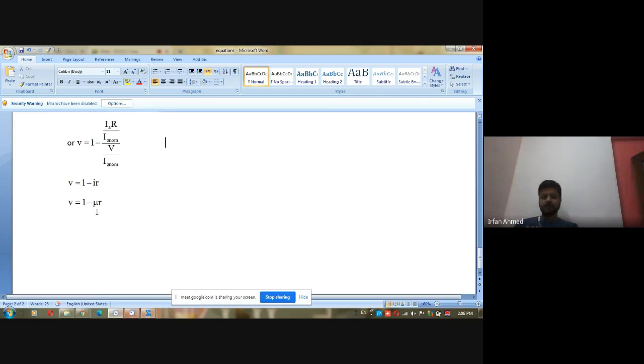What happens at the rated motor torque? At the rated motor torque, what is the value of small I? 1. Mu is also 1. So what is the drop in speed in per unit at the rated motor torque?